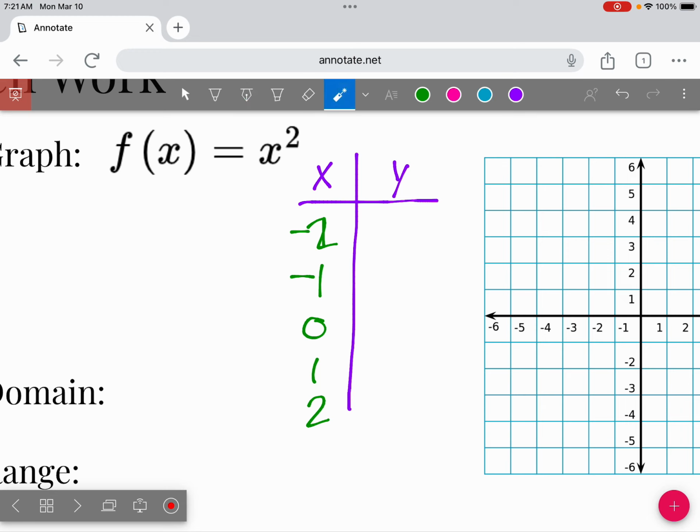If I was to take this -2 and substitute it here, what is -2 squared? What's -2 times -2? What's -2 times -2, y'all?